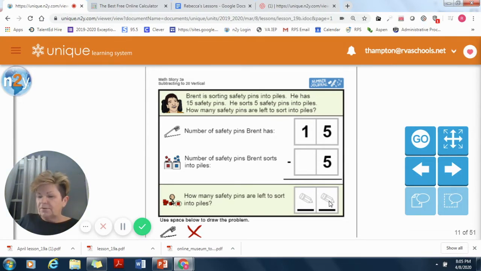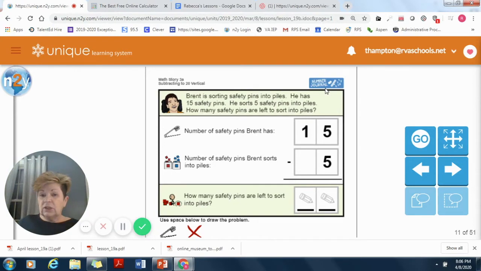We're going to write 15 minus, we're doing minus because how many are left tells us we are subtracting. So let's read that last part again. He sorts 5 safety pins into piles. How many safety pins are left to sort into piles? Okay, so we have a nice strong subtraction sign and 5.